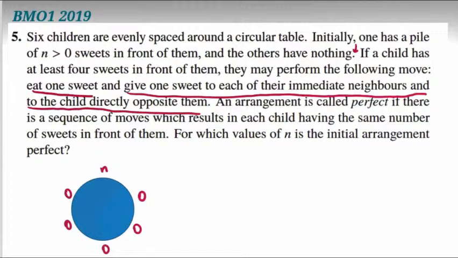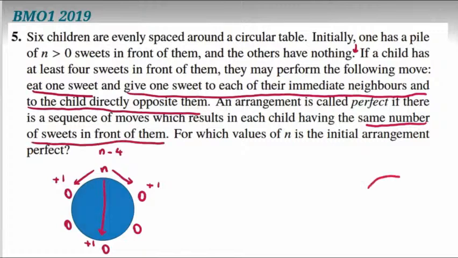So, for example, if a child does this, it will go to n minus 4, and this one plus 1, and this one plus 1. An arrangement is called perfect if there is a sequence of moves which results in each child having the same number of sweets in front of them. So we want to reach the case where all of them are equal to 2.